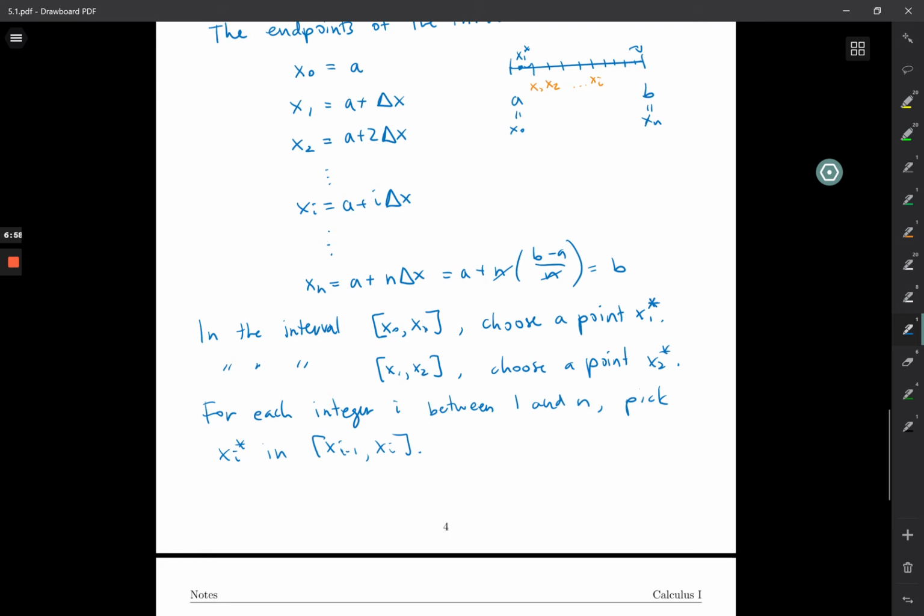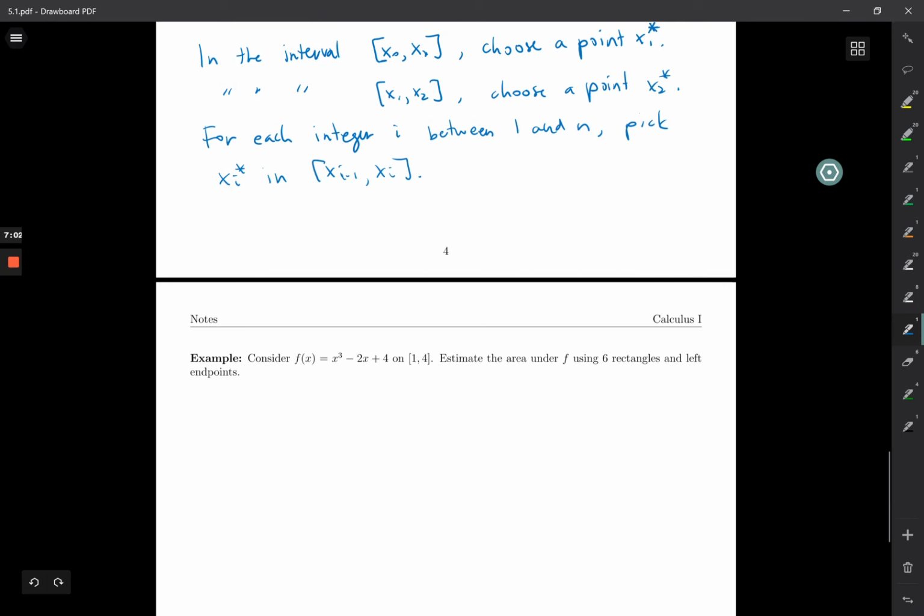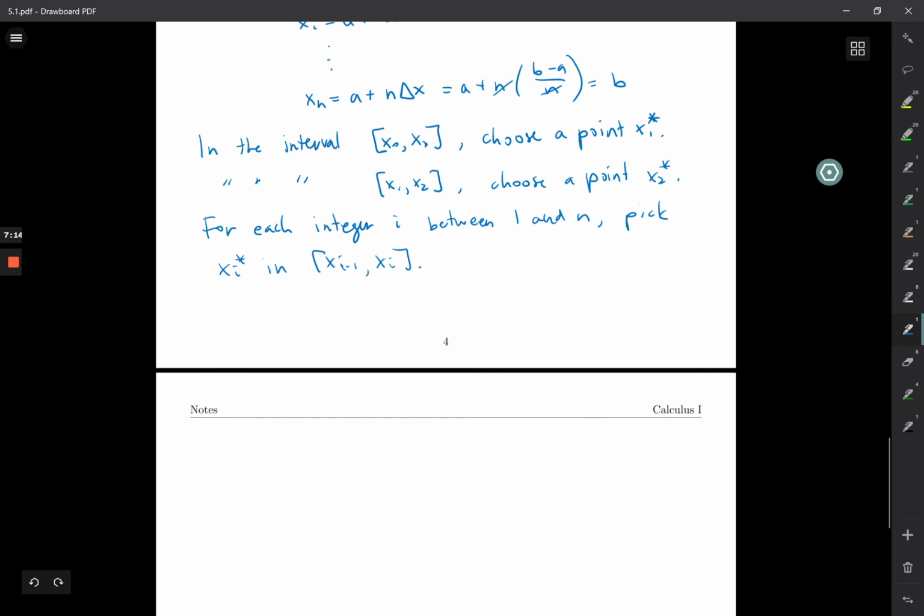Now I'm going to use this space to finish this derivation, and we'll do the example in class. So for each i between 1 and n, pick an xi star in there.